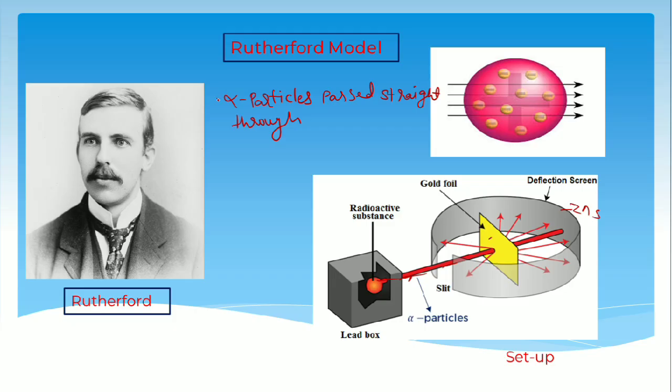The first observation was that alpha particles passed straight through it. So what is the meaning? The meaning is that most of the atom is empty space. That is the meaning of this statement.